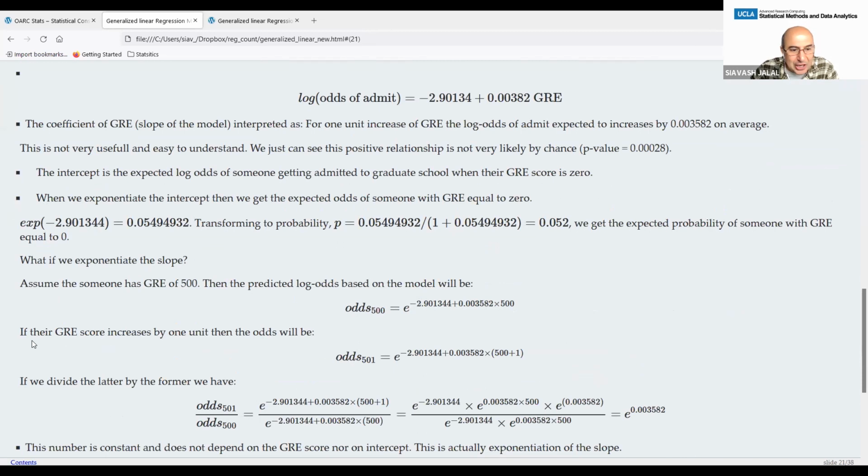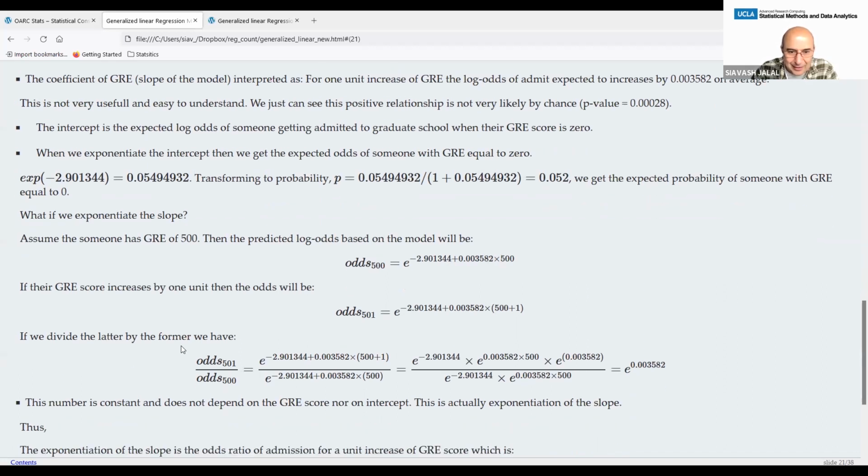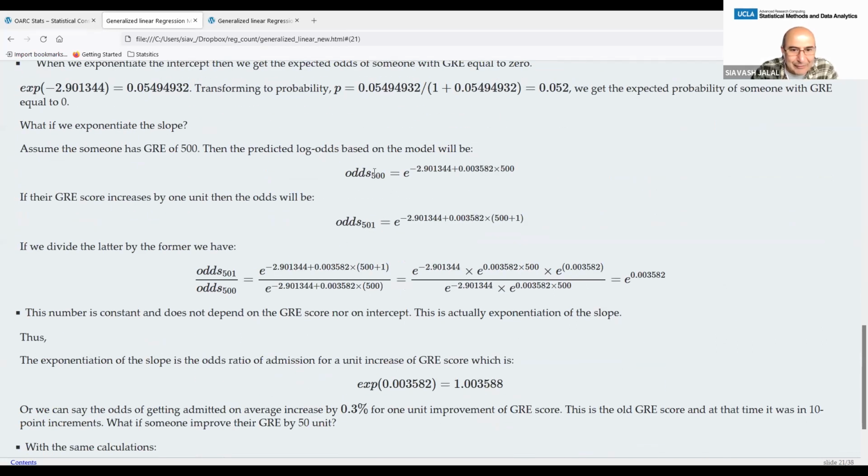If their GRE score increases by 1 unit, then their score will be 501. Still, we can get their odds, right? Wait a second. If I divide these two, odds of 501 divided by odds of 500 is going to be these two.